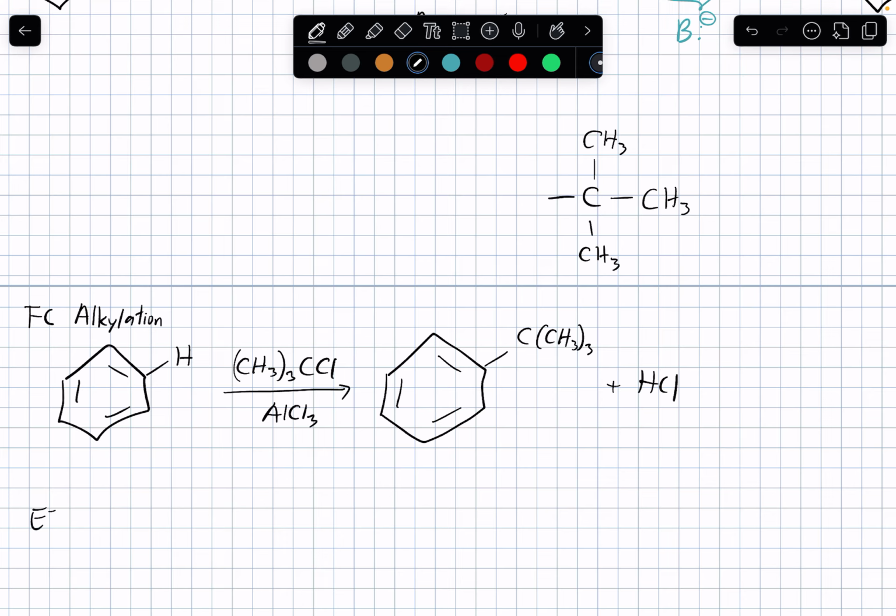So for the electrophile generation, we start first with the electrophile. Let's write the skeletal structure. So Cl here. It's like that. Then plus Al spread out, Cl, Cl, Cl. Everything is neutral. So from the lone pair, attack the aluminum.